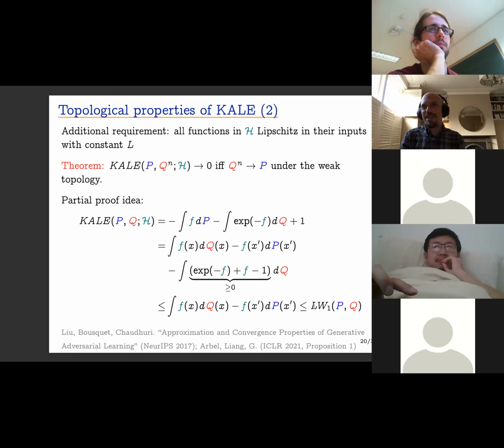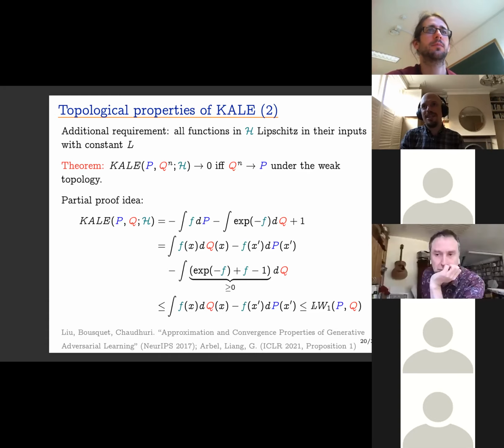Are there questions about that? So does this mean you have to impose the condition that all functions in your class are Lipschitz? Yes, that's right. Does it not hold without it?